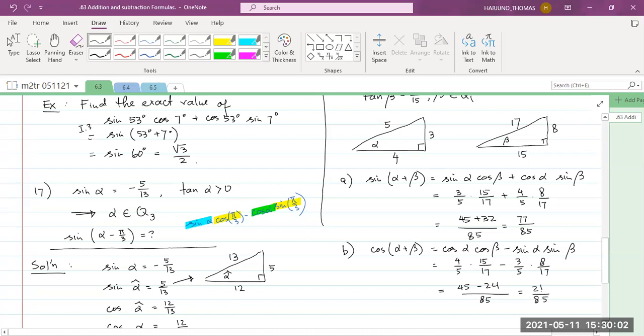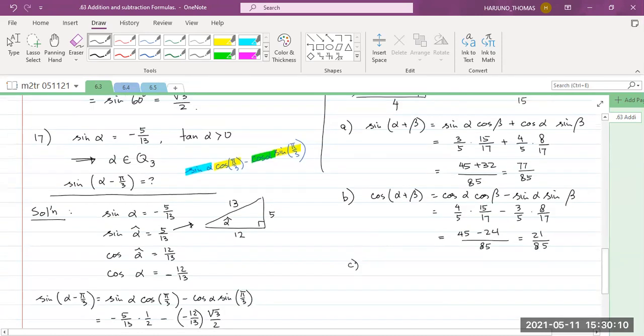Okay. Now, we see that the follow-up question, actually, part C, then angle alpha plus beta is in which quadrant? Alpha plus beta is in quadrant what? The way we see is sine of that angle is positive, cosine of the same angle is also positive.